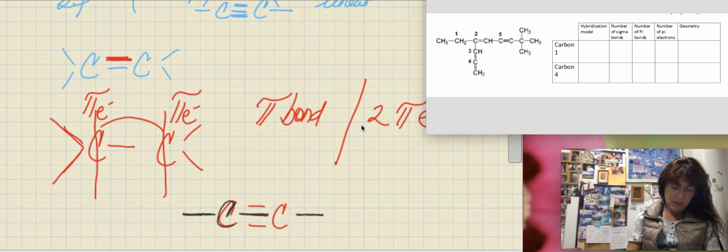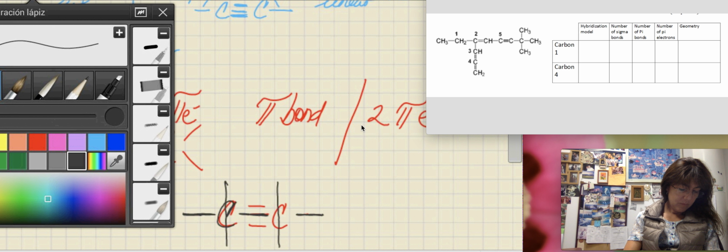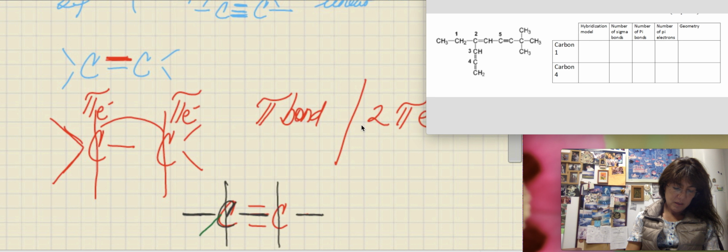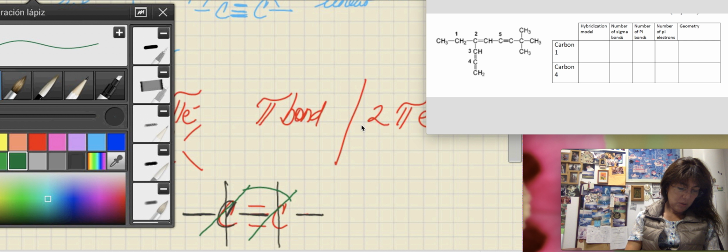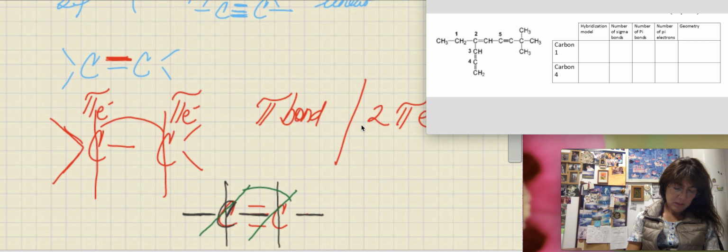Perpendicular to the plane, on the y-axis for both carbons and on the z-axis, you're going to be forming a bond here, and you're forming a bond here.